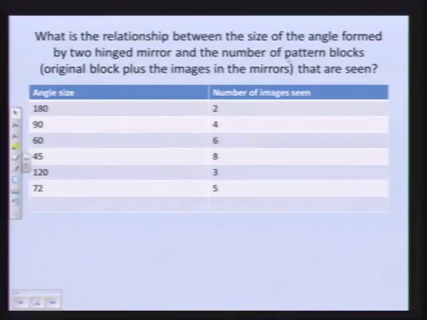What would it look like if it were linear? It would mean that the same change in an x value would result in the same change in a y value. In this case, we went from 2 to 4 images.